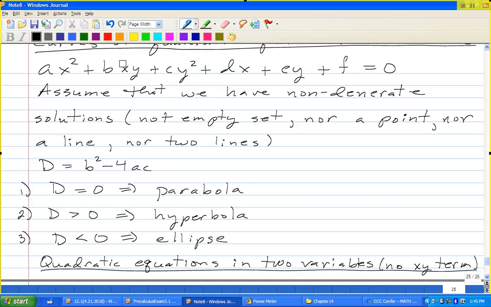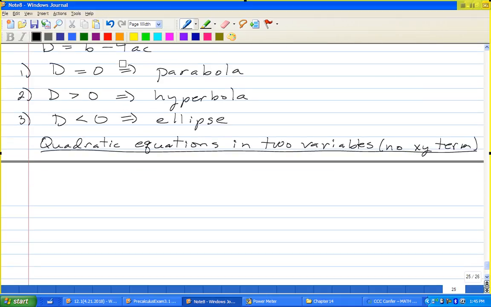So let's say that we have something of the form ax squared plus by squared plus cx plus dy plus e equals 0.